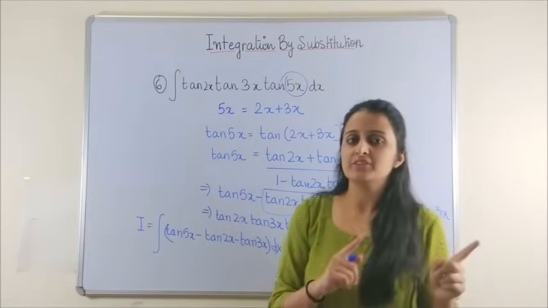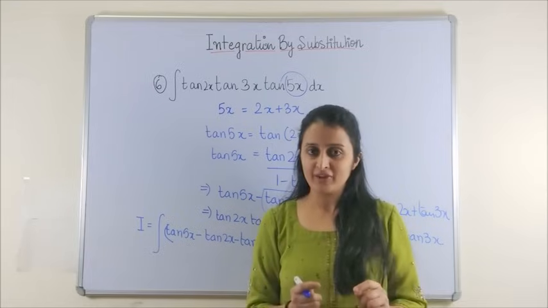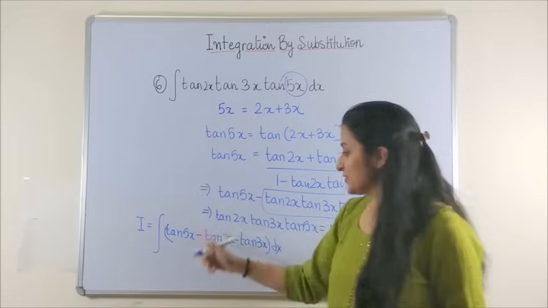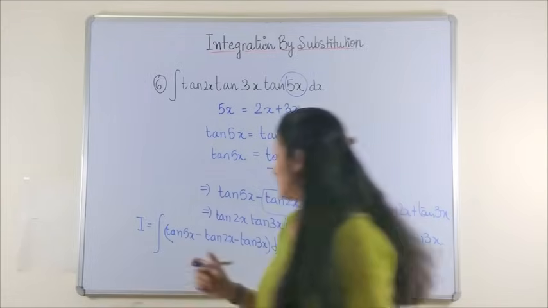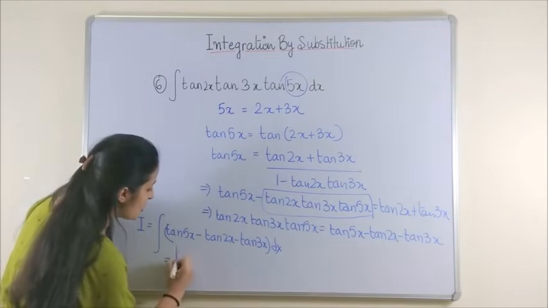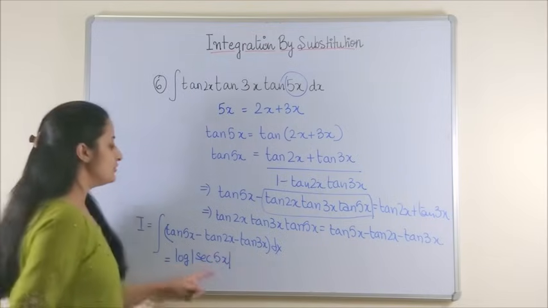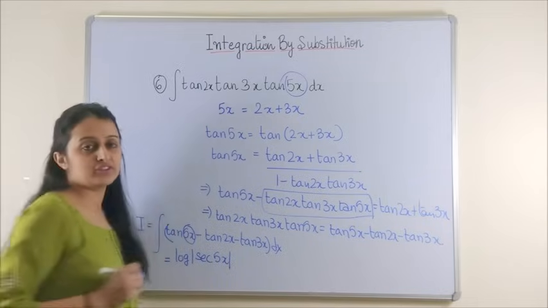Now in our previous video we had derived the formula for integral tan x as log mod secant x. So we are going to use the same over here. The answer becomes log mod secant of 5x, and you know this is not a standard function.